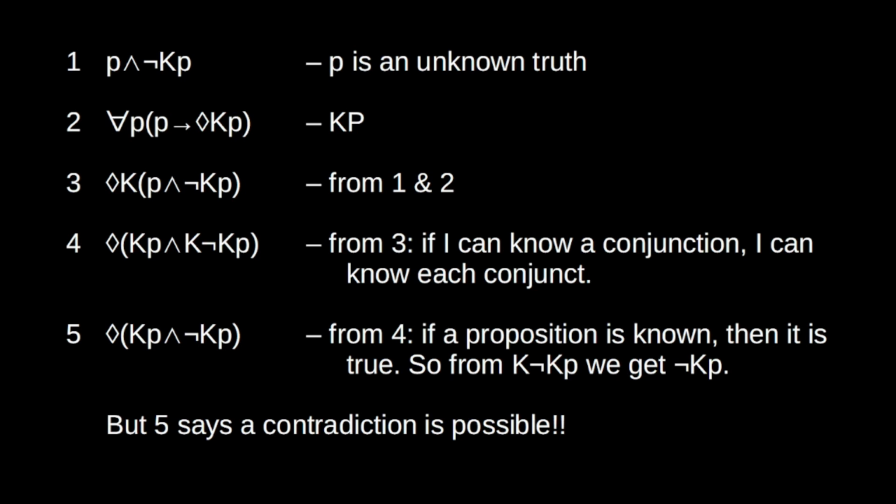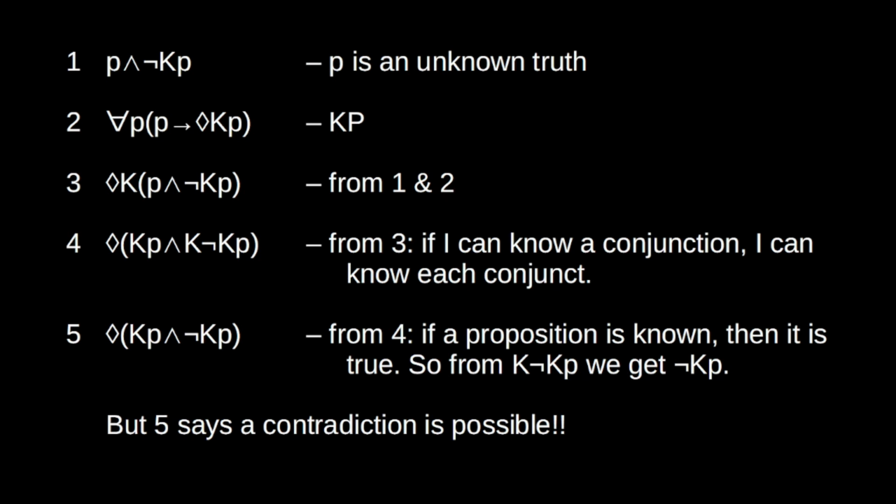We take the claim in line 1 and we see, okay, that's true, so it entails that it is possible to know it. So that gives us line 3, right? It is possible that it is known that P and it is not known that P.